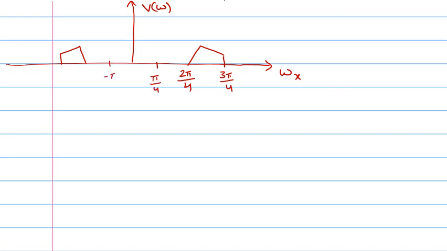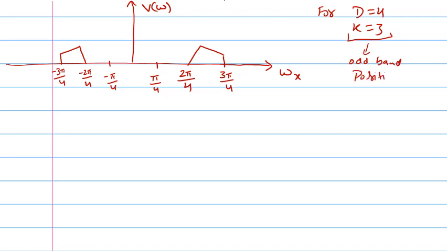This is your minus pi by 4, and this is your minus 2 pi by 4. This is your minus 3 pi by 4. Okay, so whatever I'm doing, I'm doing for d is equal to 4 and k is equal to 3. So when k is equal to 3, you can say odd band position.